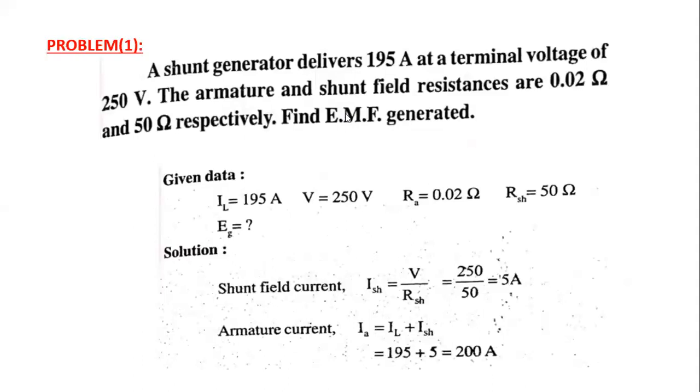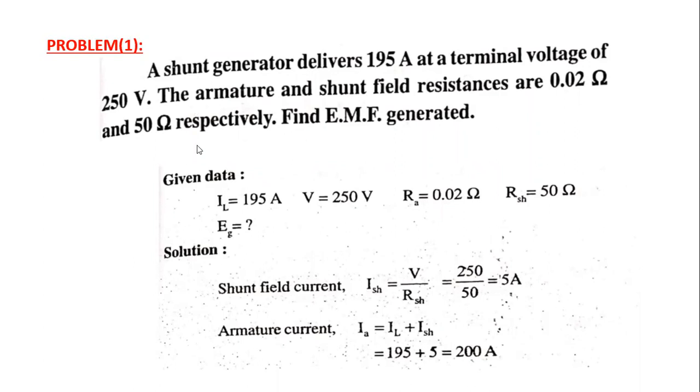Before solving the problem, first we identify which type of generator is given. Then we draw that type of generator, and note down the voltage and current equations for it.